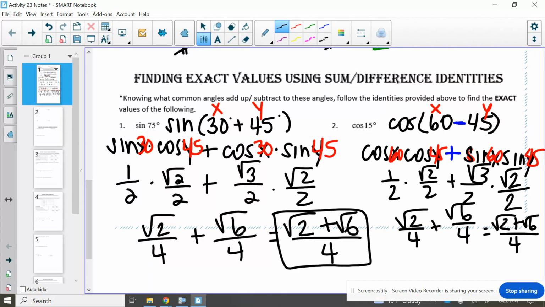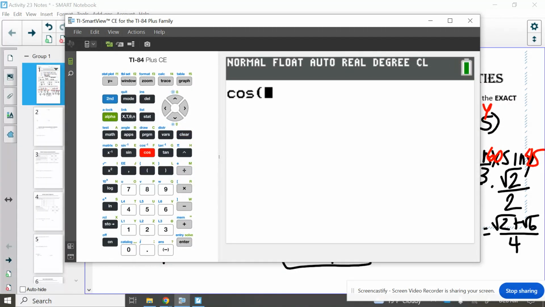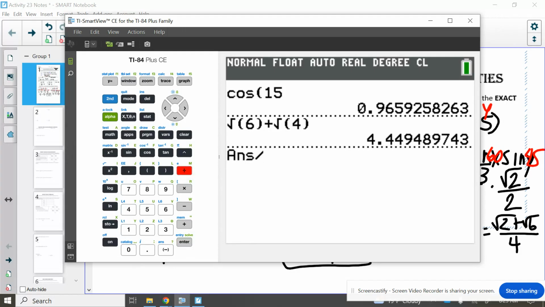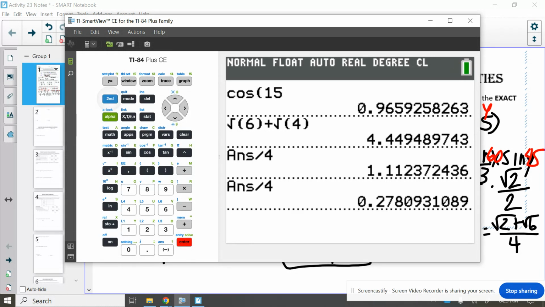Now, you can always double check these, right? If I take the cosine of 15 degrees, I want to double check that my exact answer is going to be the same as the decimal approximation. So square root of 6 plus square root of 2, and then divide that by 4, our common denominator.